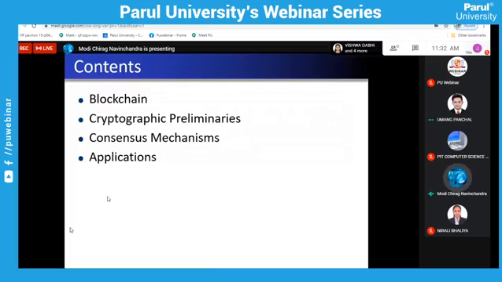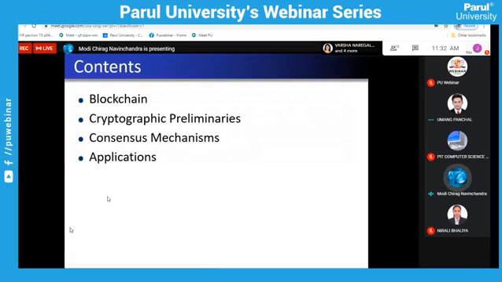So blockchain is the merger of three main engineering streams, that is software engineering, game theory, and cryptography. Software engineering is always required to develop software, and blockchain is also a part of software, so here software engineering plays a major role.